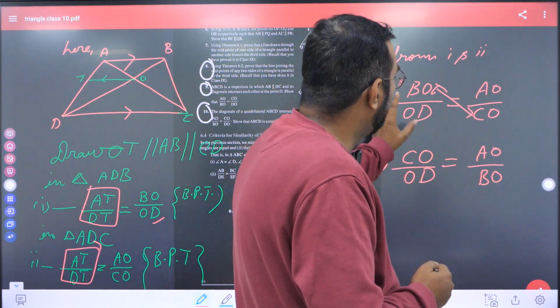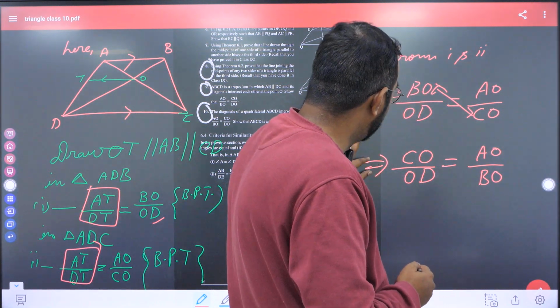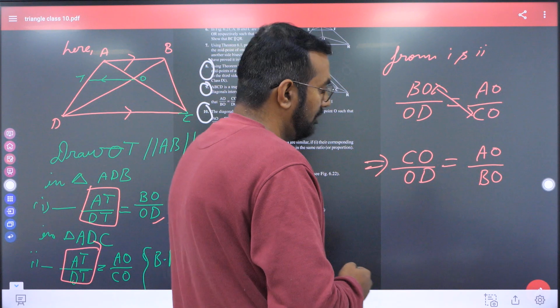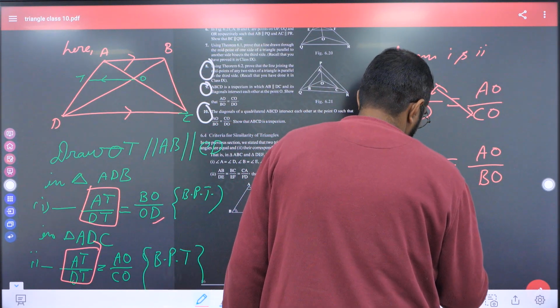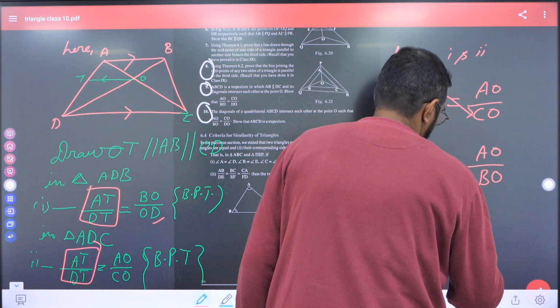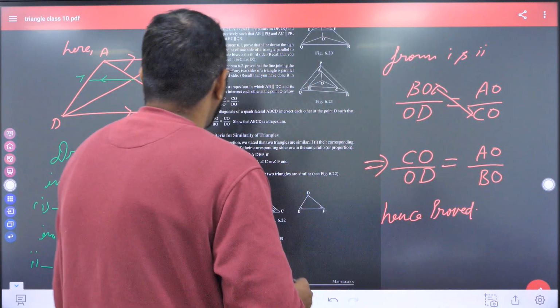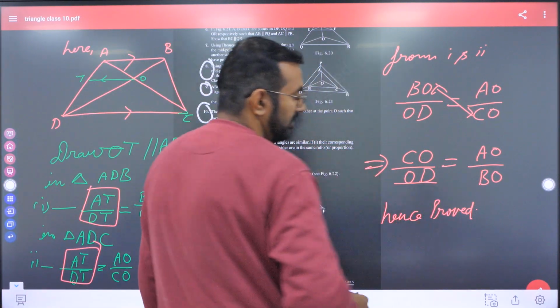We don't have to write what we have done. By writing this, put this sign implies that and write this one. Hence proved. Actually here it has written DO. DO and OD are the same things.